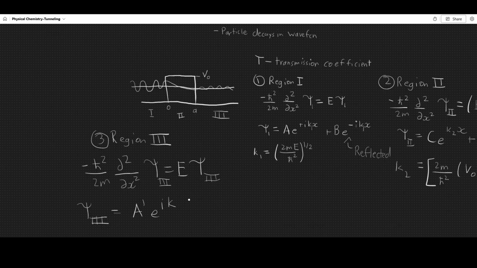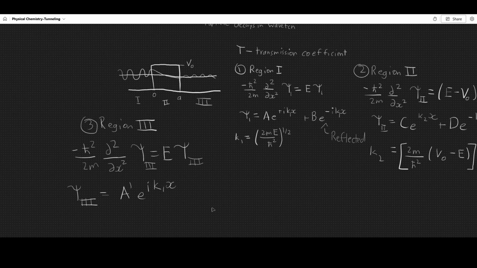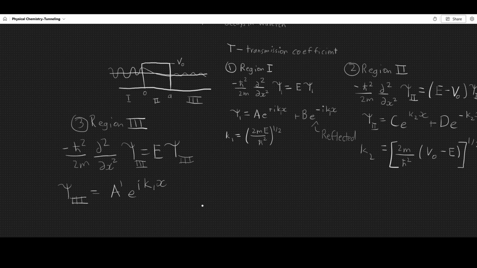And then we have another K1 x. It's important to note that this K is the same as this K, because they're both basically free particles in 1D. The only K that's different is the region 2 one, because region 2 isn't oscillating, it's decaying. And so we don't see that i in either of these because it's not an oscillatory wave function. All right, perfect. So now we have the wave functions for all three regions.